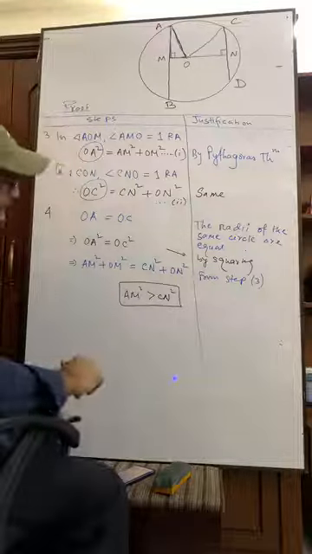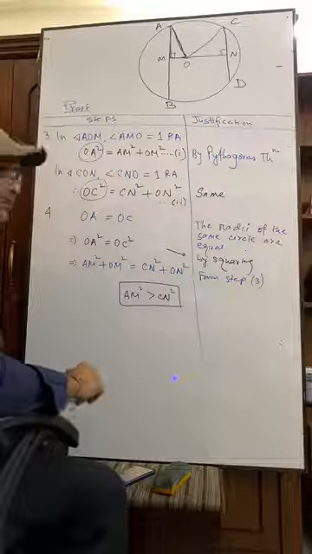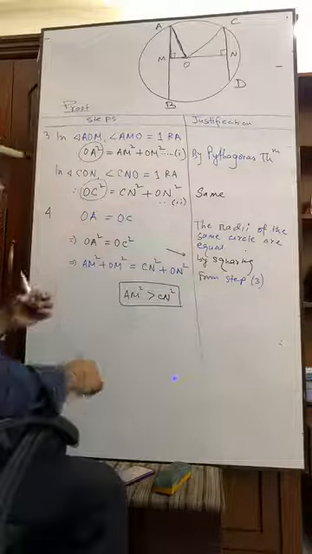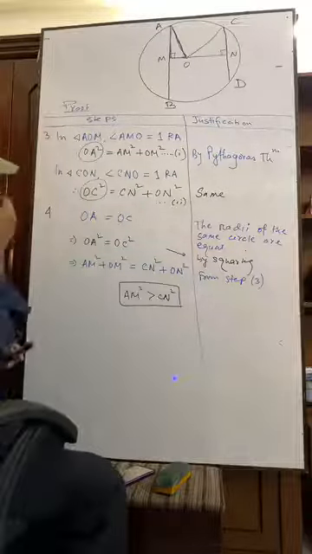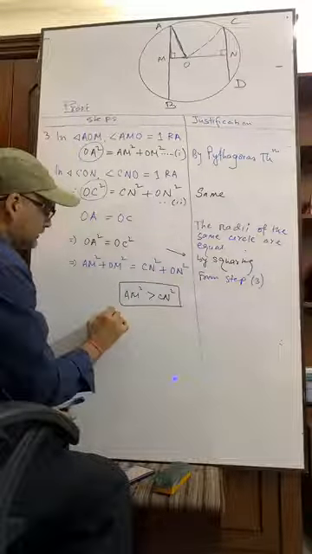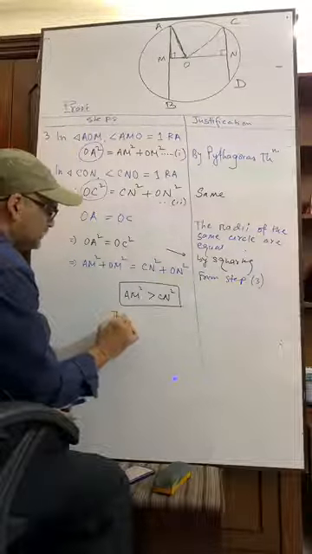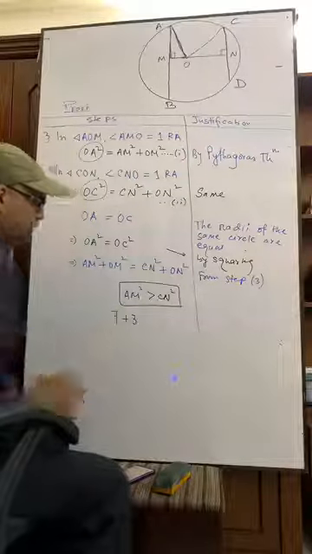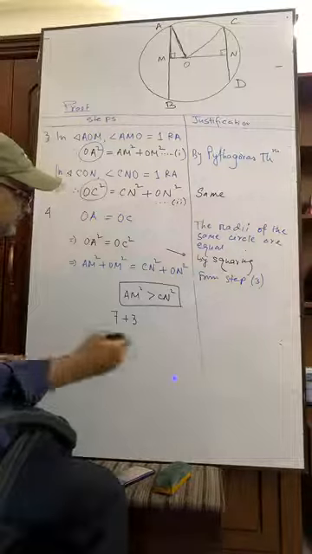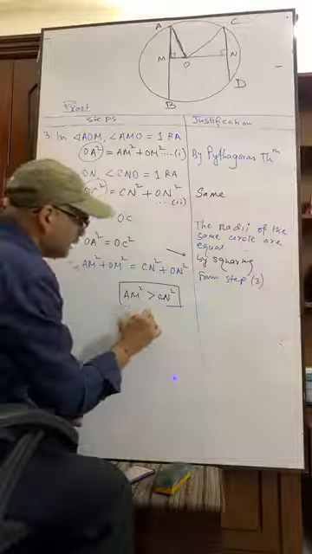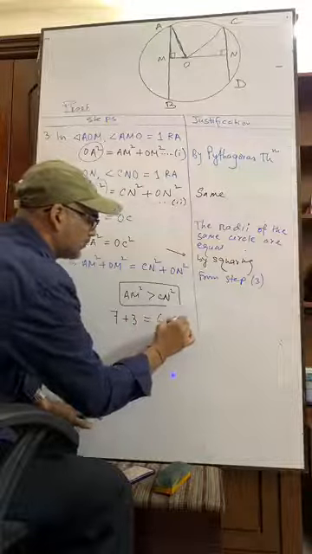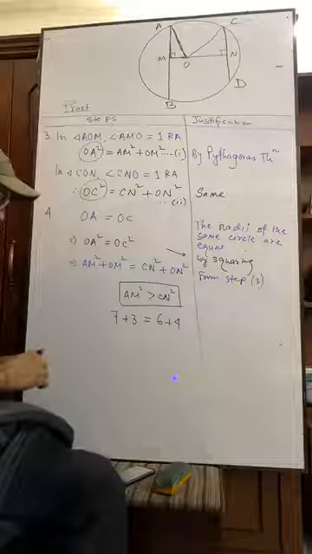Now just see one thing. Suppose 7 plus 3 equals 10, which is equal to 6 plus 4. We can write that.